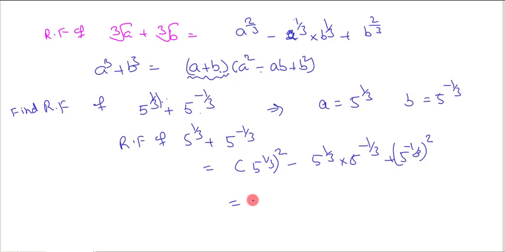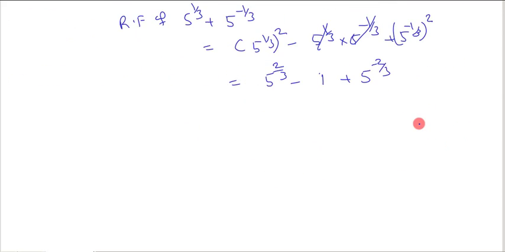Then I can write this as 5 to the power of 2 by 3 minus 5 to the power of 1 by 3 into 5 to the power of minus 1 by 3. You get a cancellation, then you get 1 plus 5 to the power of minus 2 by 3. On doing this, you get the rationalizing factor of this as 5 to the power of 2 by 3 plus 5 to the power of minus 2 by 3 minus 1. Okay, this is the rationalizing factor of this one.